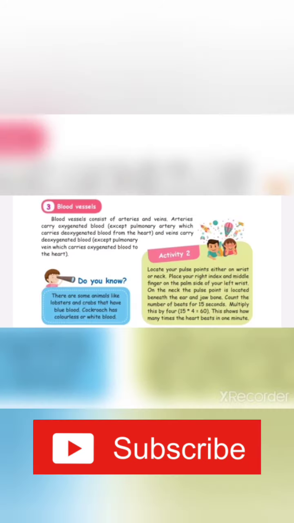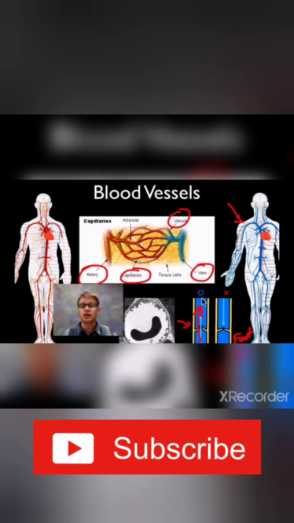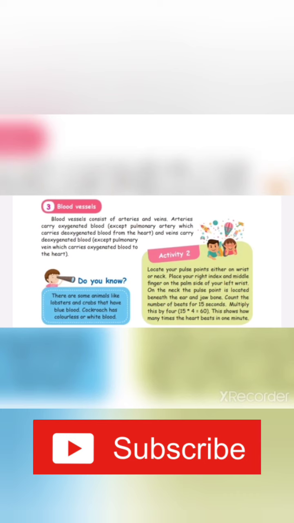Next, blood vessels. Blood vessels consist of arteries and veins. Arteries carry oxygenated blood, except the pulmonary artery, which carries deoxygenated blood from the heart, and veins carry deoxygenated blood, except pulmonary veins, which carry oxygenated blood to the heart.